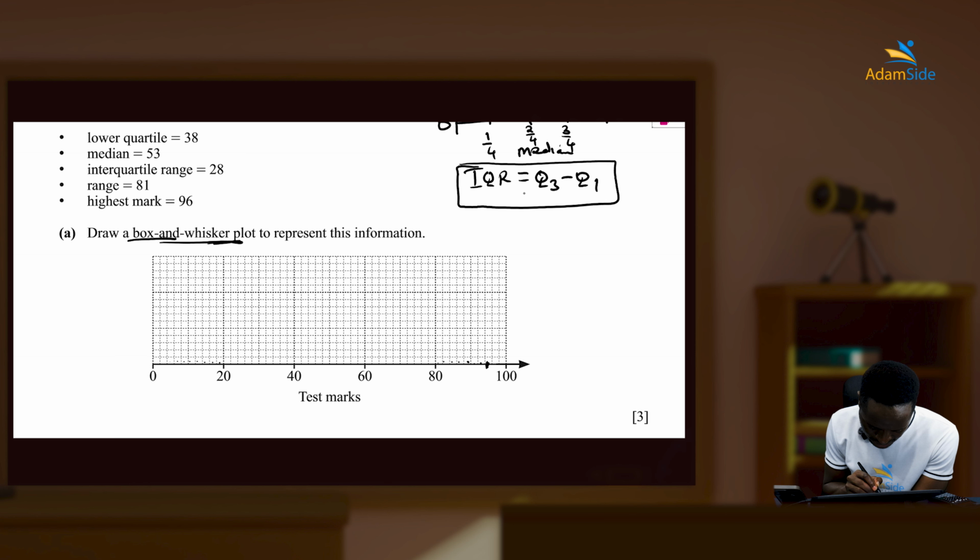So counting 30, 32, 34, 36, 38, it's here. That's Q1. And this is the maximum.